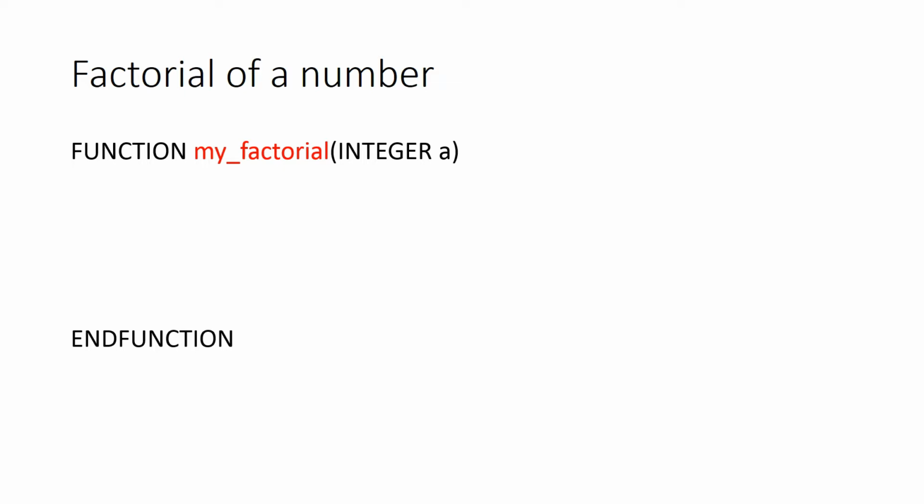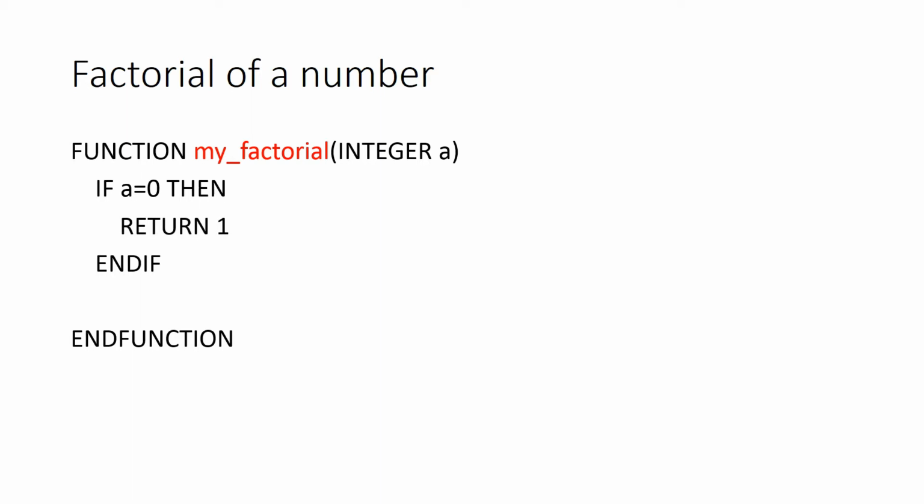The factorial will finish when we are asked for the factorial of 0. So if a, our variable, is 0, then we already know the result. We already know what to return. We will return 1. And that's it.